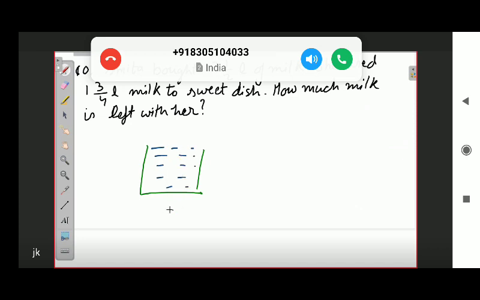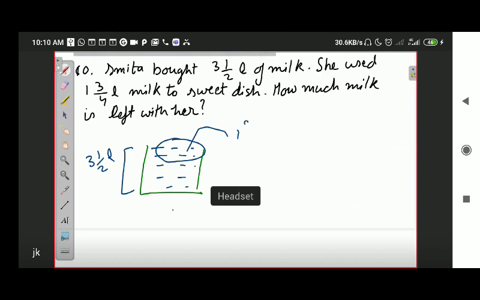Out of this 3.5 liters, she has taken a certain portion. She has taken out 1 3/4 liters of milk to make sweets. She has made a sweet out of this much milk.